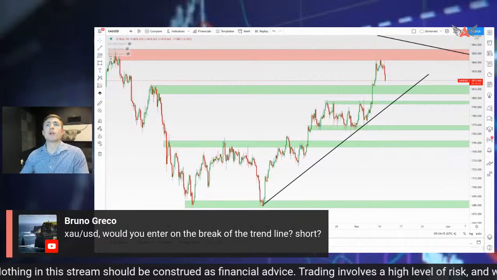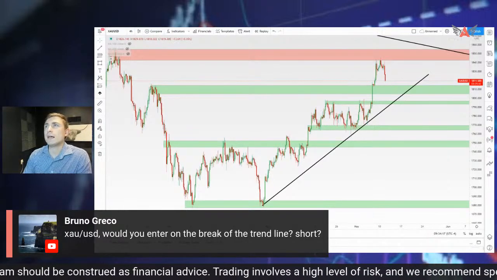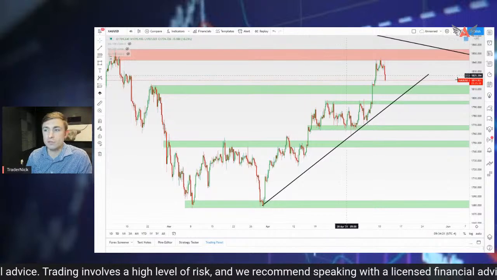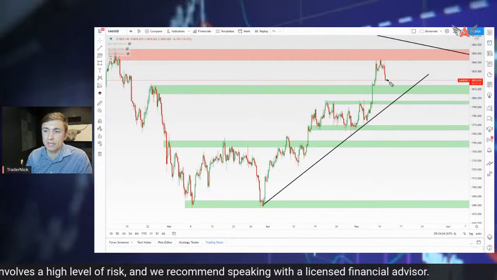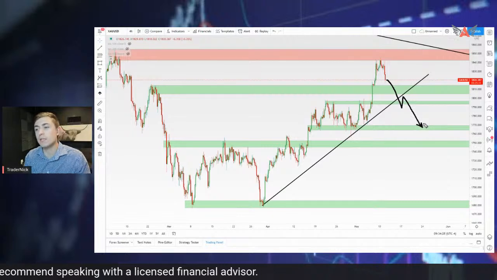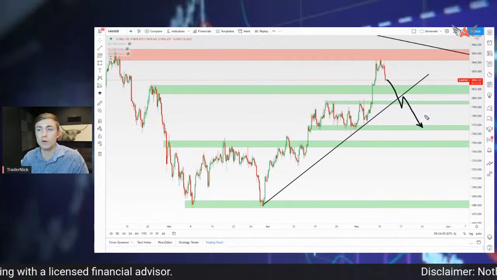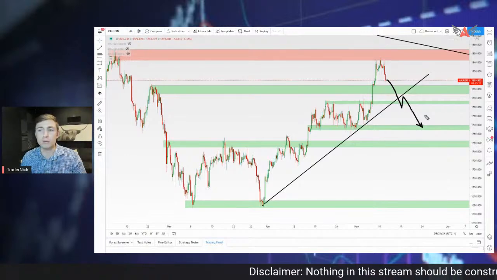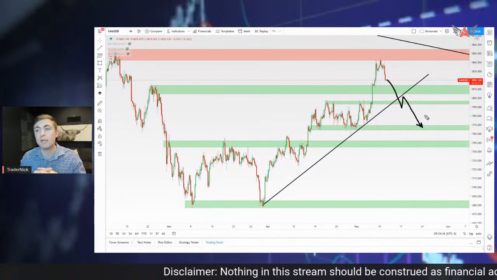So gold, would you enter on the break of a trend line short? If anything, that might be a decent scenario to look for opportunities to try and sell. You're talking about something like this. Maybe if you're very bearish on gold, I don't have a strong enough opinion to really take a position on gold. So I'm not super bullish or bearish on gold. There are other things that I'm much more interested in, like the Canadian dollar right now and the pound.